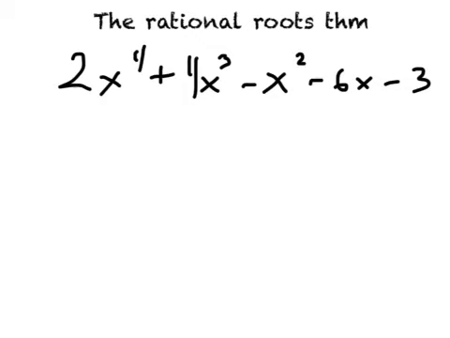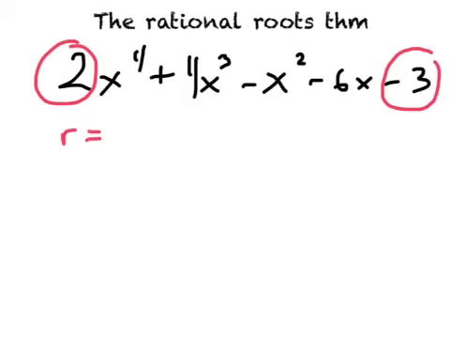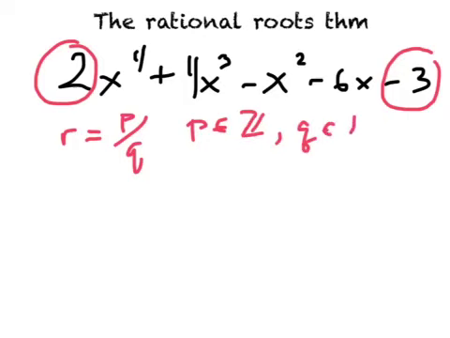The beautiful thing about this theorem is that if there is a rational root, it would look like p over q, where p is an integer and q is a natural number.